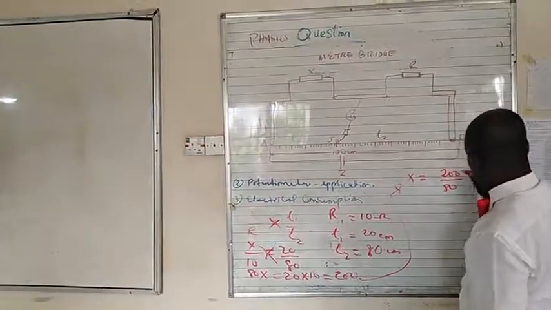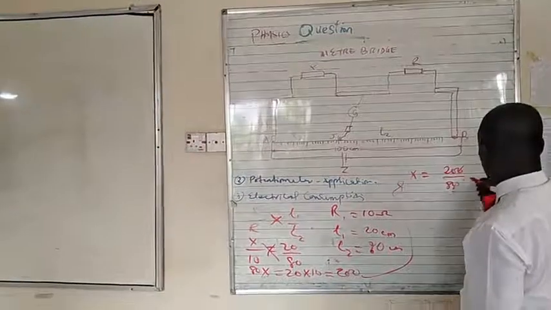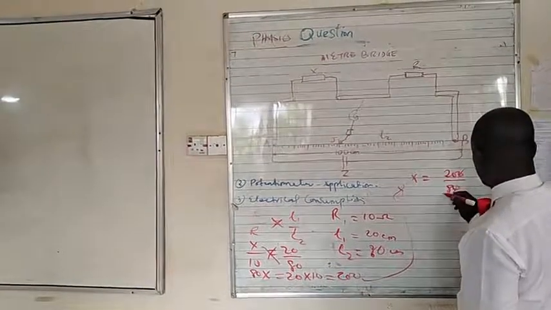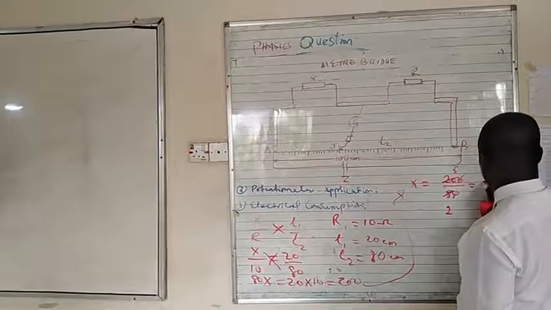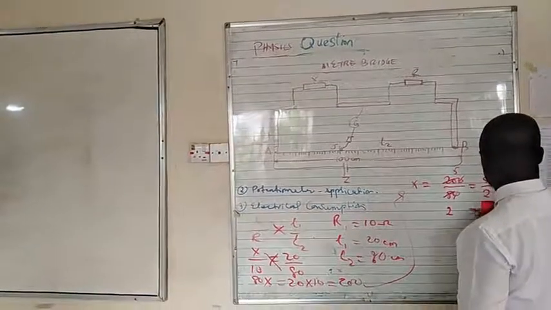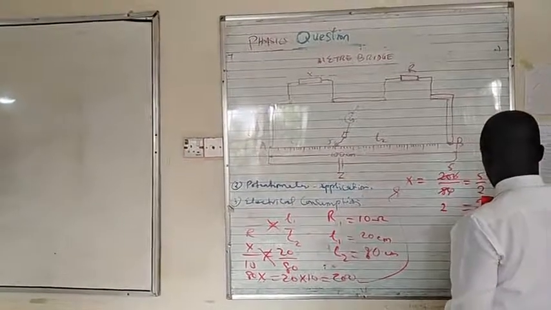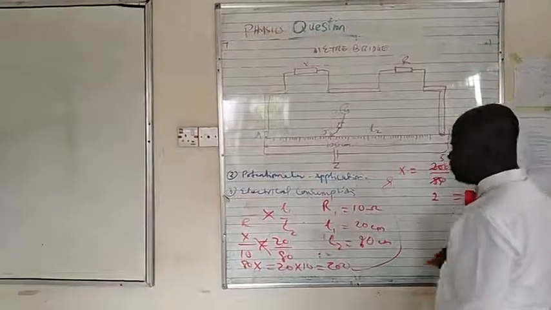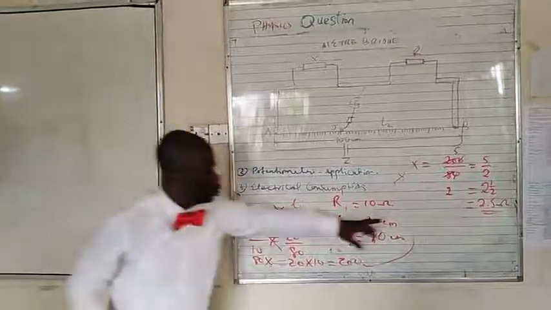If you cancel, 0 cancels 0, 4 goes into 4 and 4 goes into 8 twice, you have 5 over 2, which is equivalent to 2.5 ohms. So the value for X in this arrangement is 2.5 ohms.